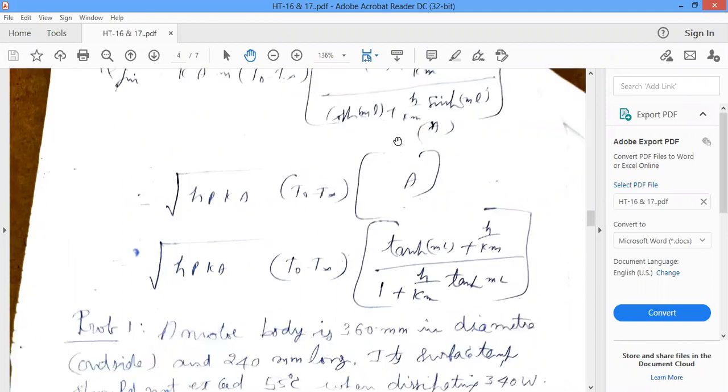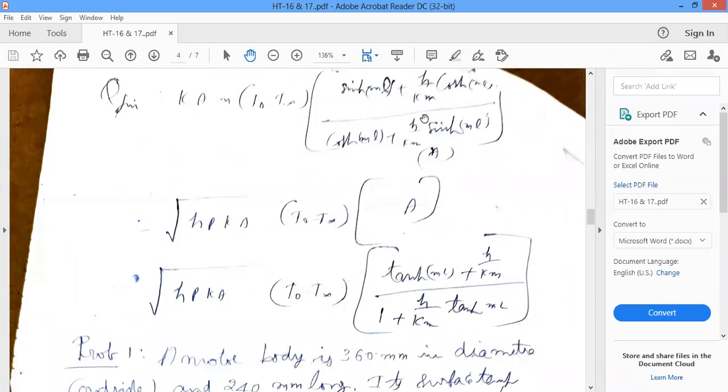Within the square bracket, if we divide the numerator and denominator by cosh mL, the final heat transfer rate equation follows. Ka m is root of hP Ka, so we get root hPKa into (T naught minus T free stream).